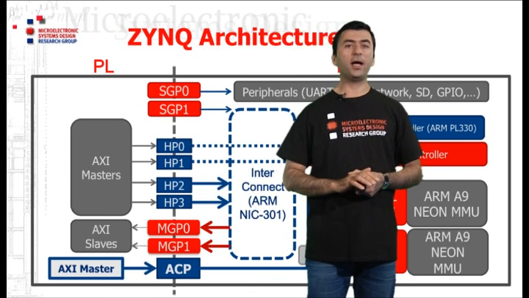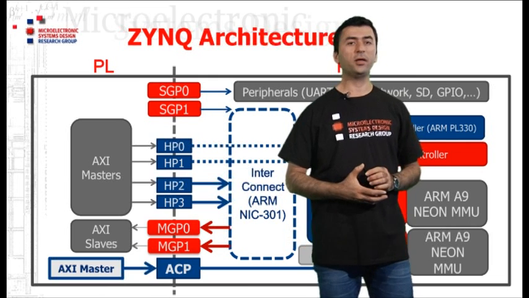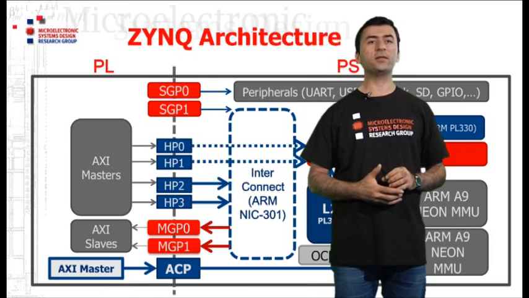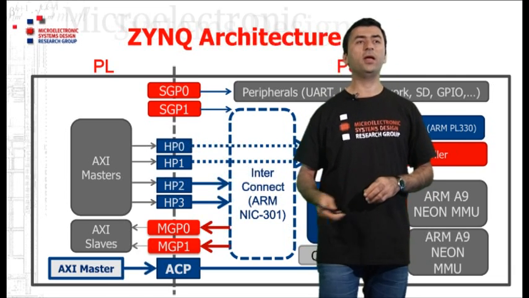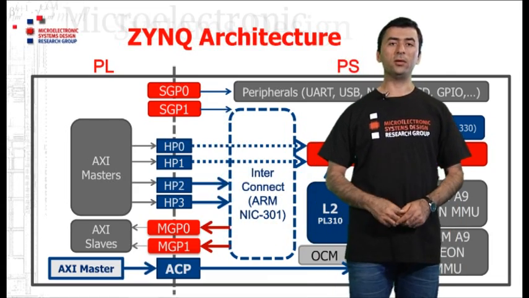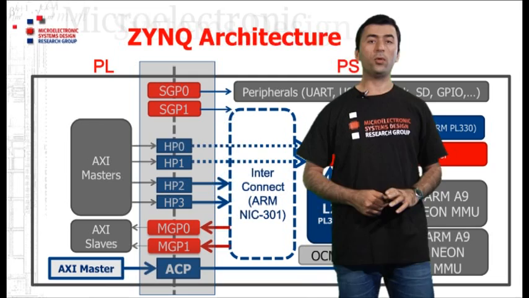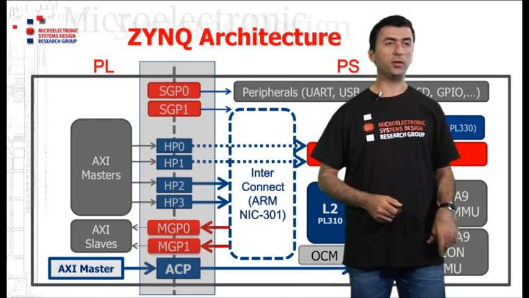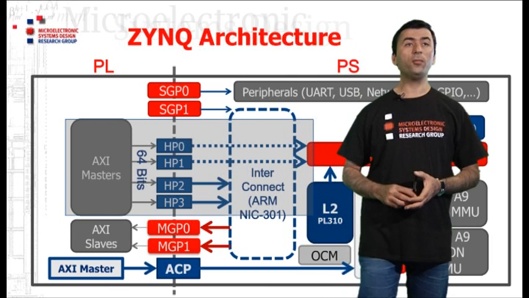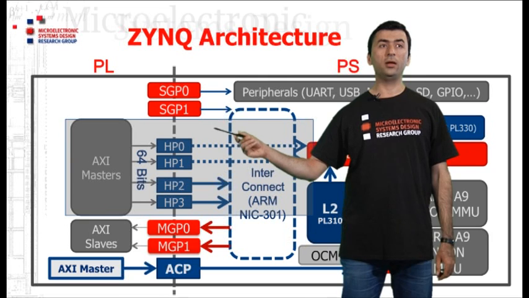Now let's go back to the architecture that we were showing for the Xilinx ZYNQ and have a more detailed look at the AXI interfaces that we have between the PS and the PL. So we are going to focus only and only on these AXI interfaces, and first, I want to have a look at these ports here.